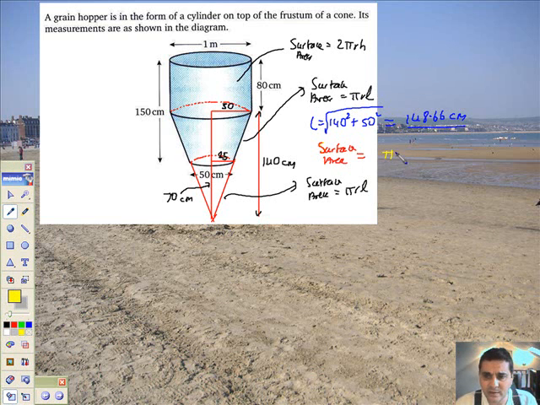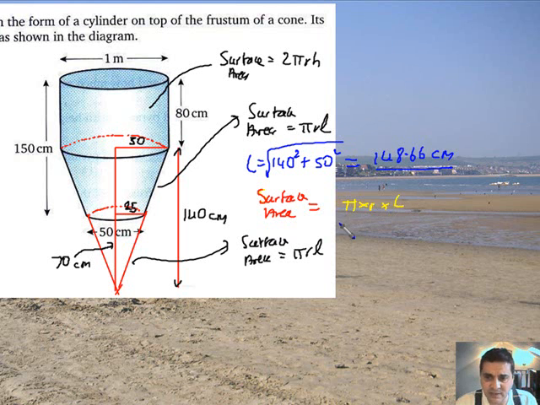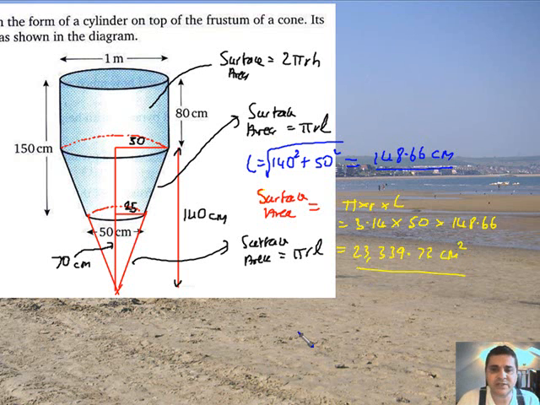It's going to be pi times the radius times the length, so 3.14 times the radius of 50 times the slanted length 148.66. That gives us a final answer of 23,339.73 centimeters squared worth of surface metal.